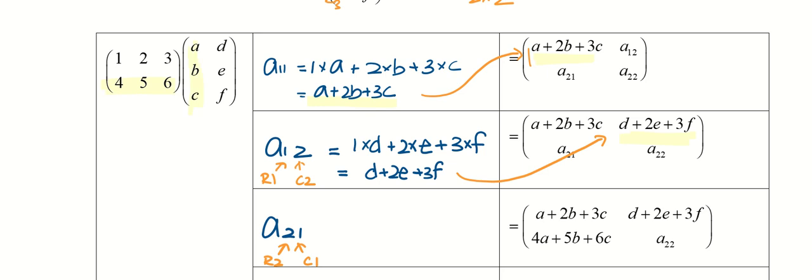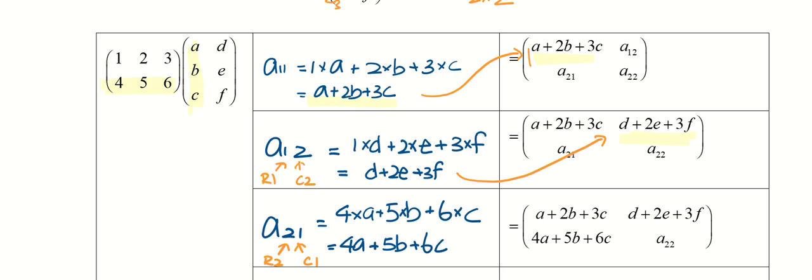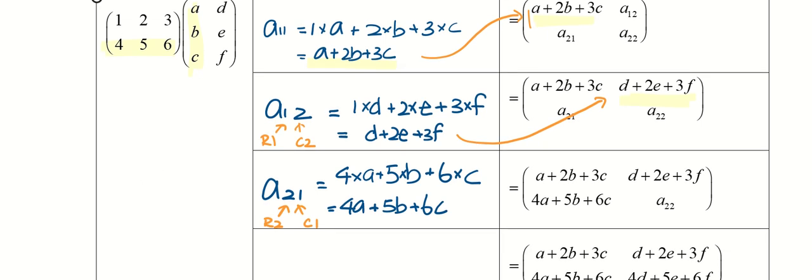Column 1 is A, B, C. So A21 will be 4 times A, plus 5 times B, plus 6 times C. So you get 4A plus 5B plus 6C, in which you land yourself over here. This one.